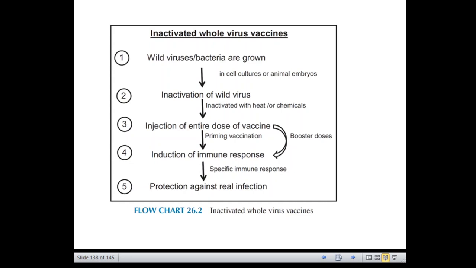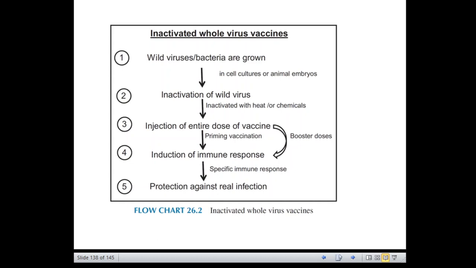Now the chemical treatment destroys a pathogen's ability to replicate. Again, it keeps the immunogenic structure intact in its natural form. And it becomes very crucial to ensure the integrity of the structure of antigenic epitopes of surface antigens.